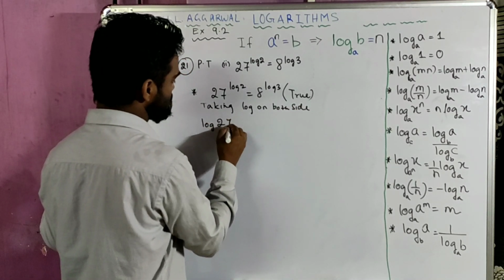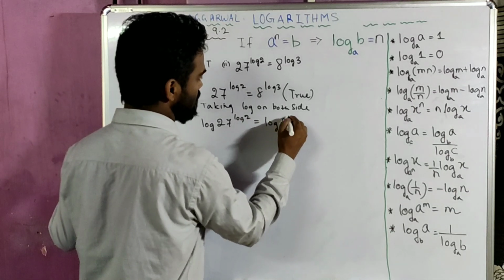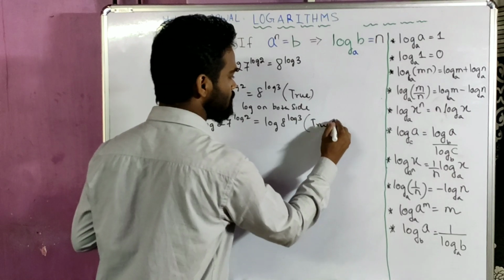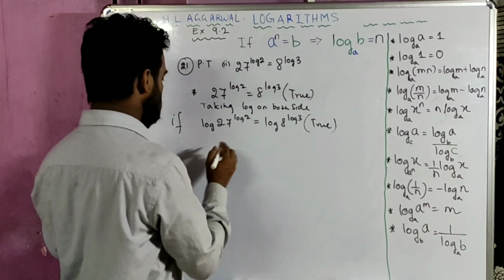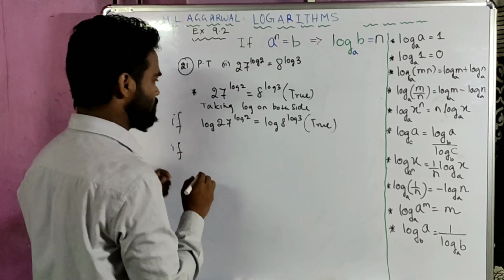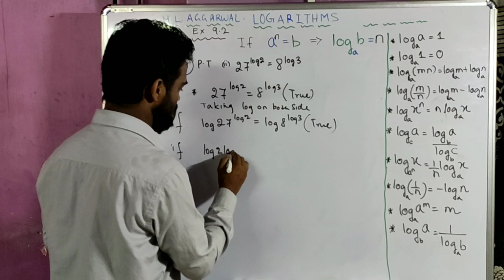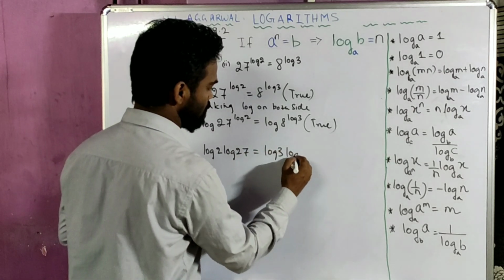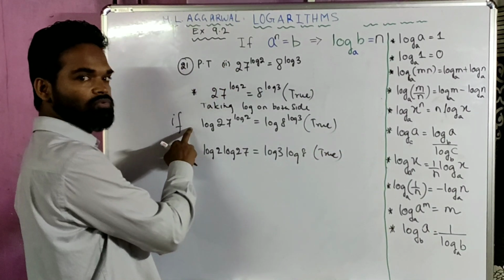Log 27 to the power log 2 is equal to log 8 to the power log 3. This is also true. If this is true, then this is true, isn't it? Now again we can say that this power comes in front, so this becomes log 3 log 8. This is also true. So if this is true, this has to be true.